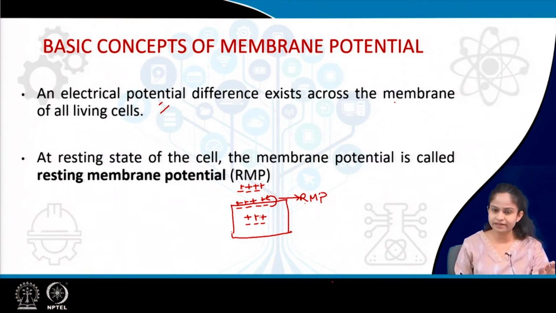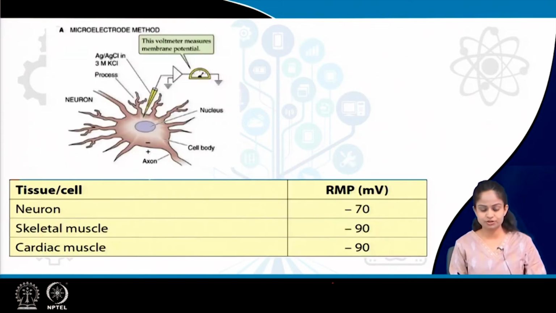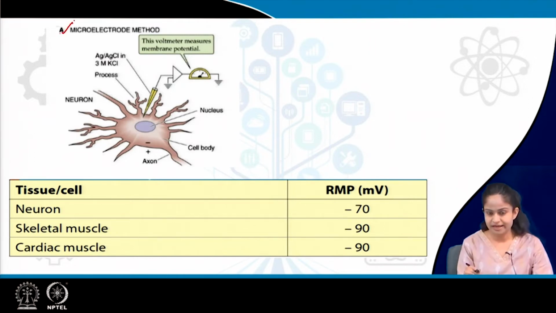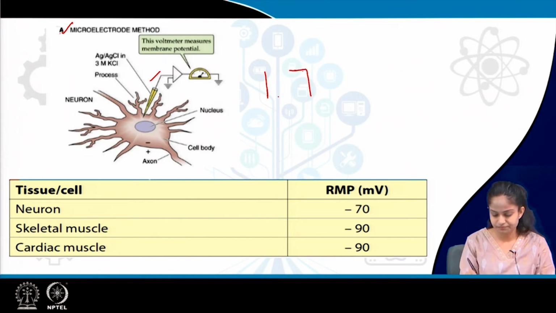So, how do we record this membrane potential? Generally, we record this membrane potential with the help of micro electrodes. We have a numerical method also where we can calculate the potential, but we can use 2 micro electrodes, as we can see over here. The similar cell, if I draw, we have the charge differences across the surface.